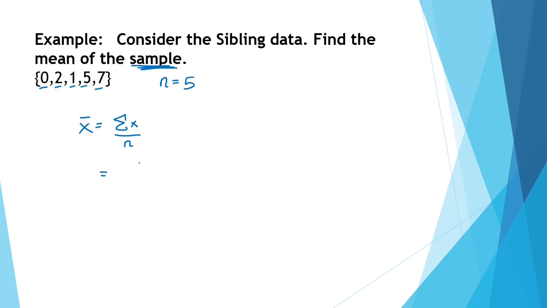And so we can add up the values, 0 plus 2 plus 1 plus 5 plus 7, and divide it by our sample size 5. This simplifies to 15 over 5, which is equivalent to 3. So the average is 3.